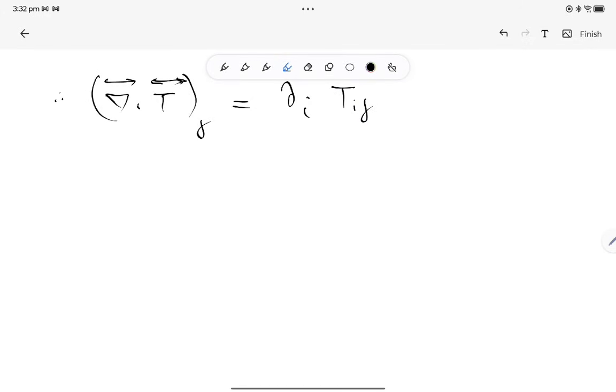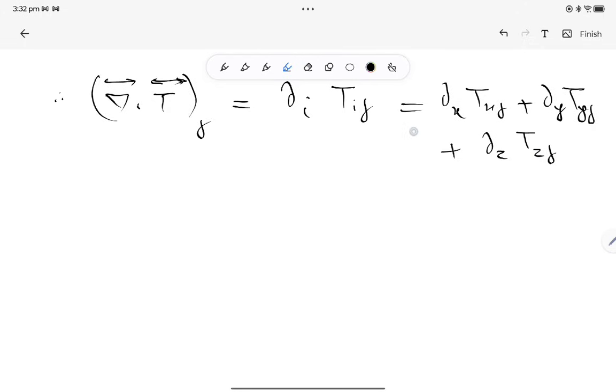Therefore we can write the jth component of del dot T is equal to, some people put the double arrow here, but that's not a must. The jth component of del dot T is del i Tij, and as I told you, this simply means that you have to sum over i, that is you have to give values: del x Txj, del y, giving value y to it, Tyj plus del z Tzj.